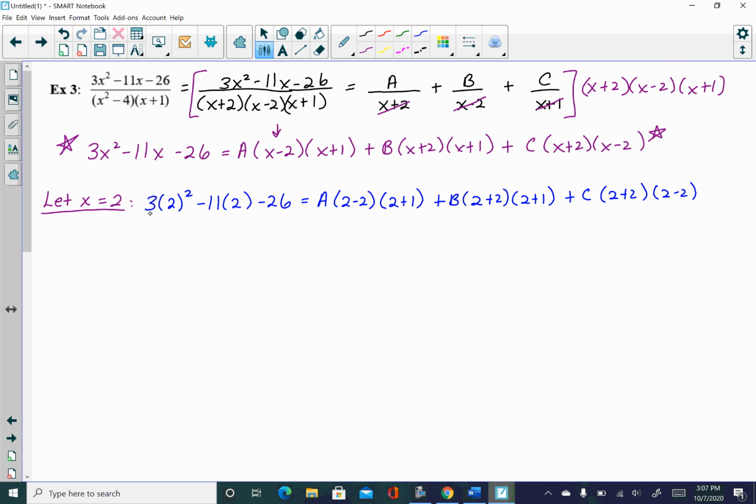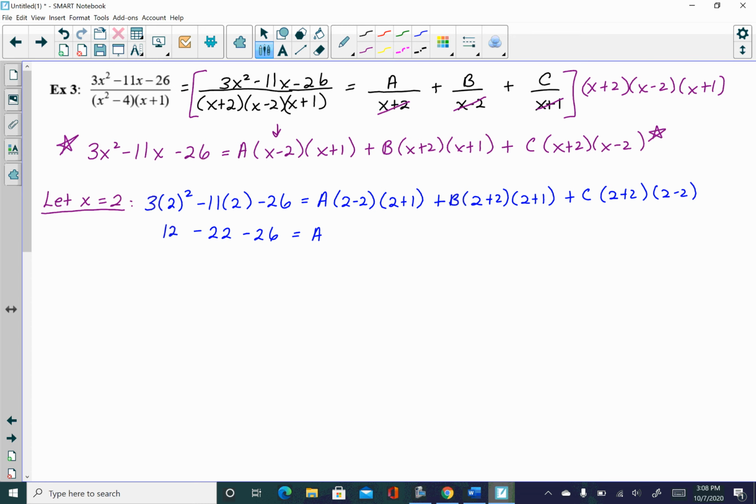All right, so now let's start cleaning this up. From here, we know that 2 squared is 4. 4 times 3 is 12. 11 times 2, minus 22, minus 26.